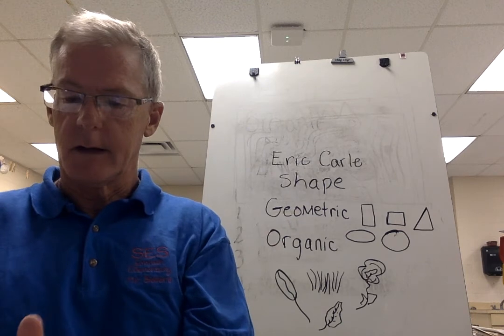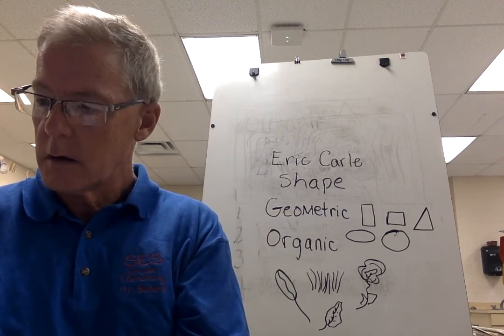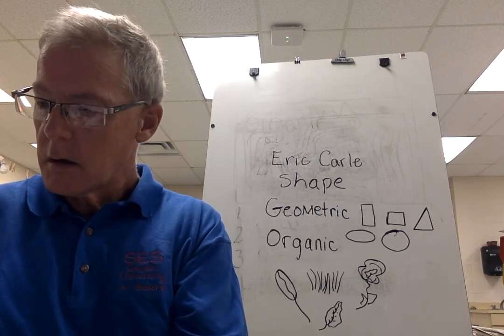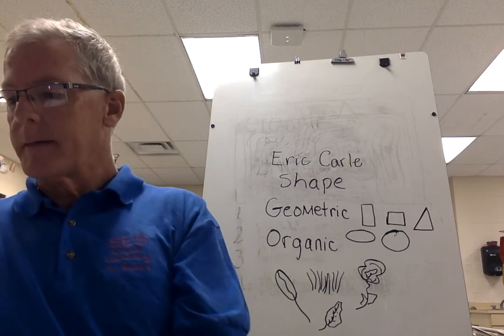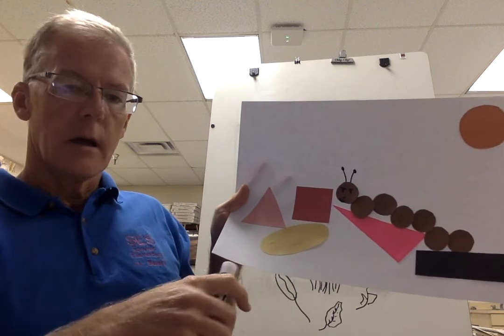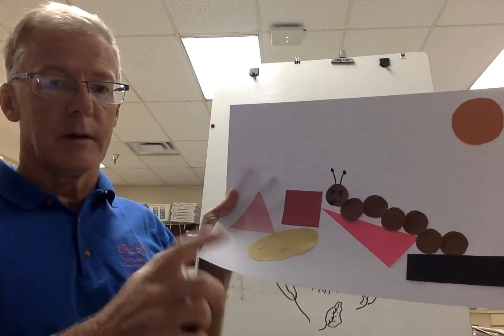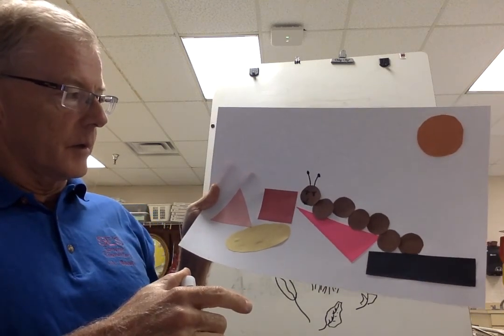Got to eat, doesn't he? Of course he's got to eat. And after reading the book, you'll see the very hungry caterpillar liked to eat. So there's my hungry caterpillar.